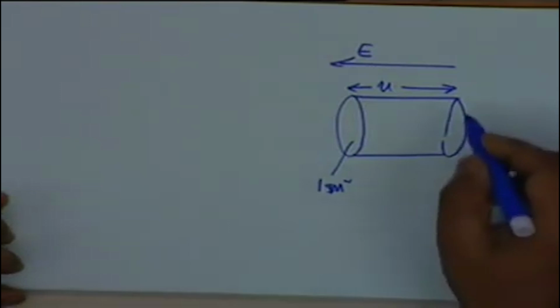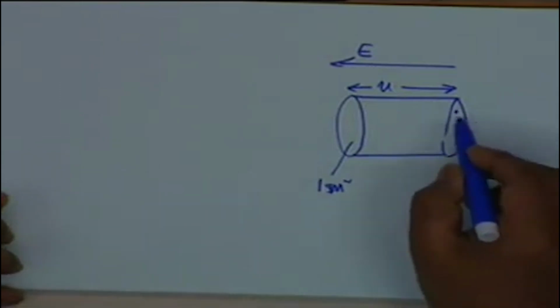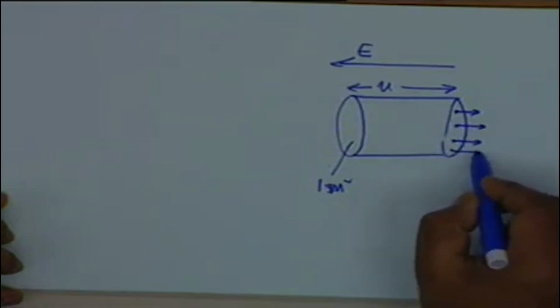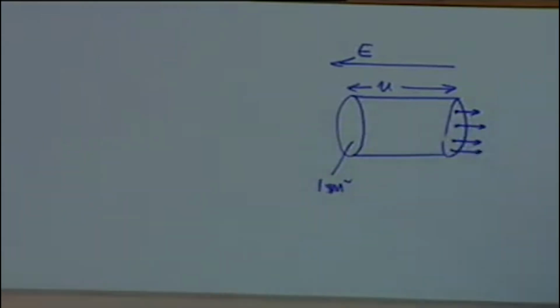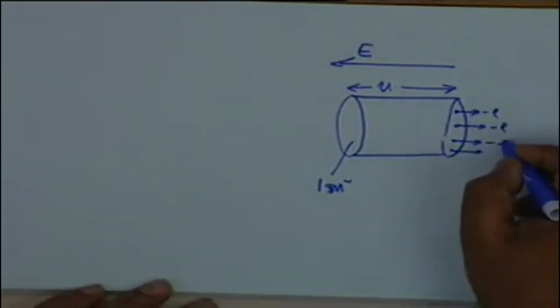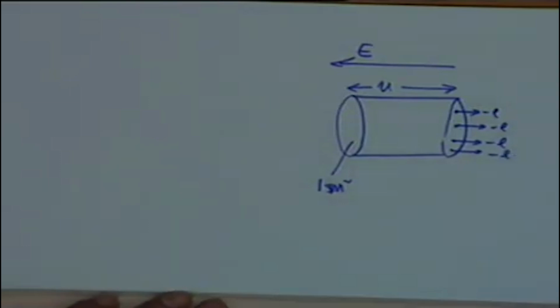Then the electrons are moving in this direction, not quite straight, but after a zigzag motion. It is the drift velocity. If you consider only the drift velocity, then you can consider electrons coming out like this, minus e, minus e, minus e, and so on.